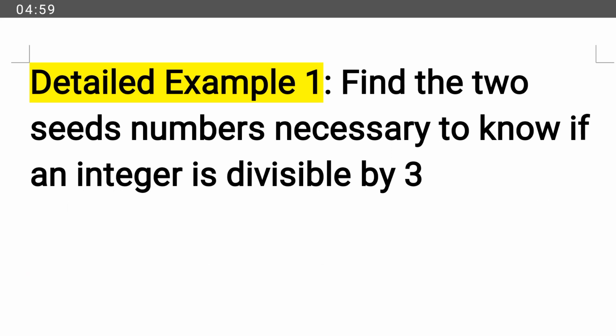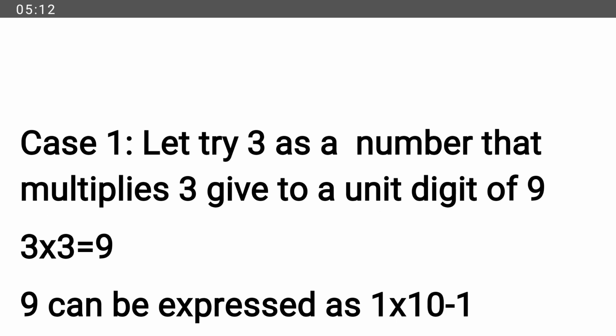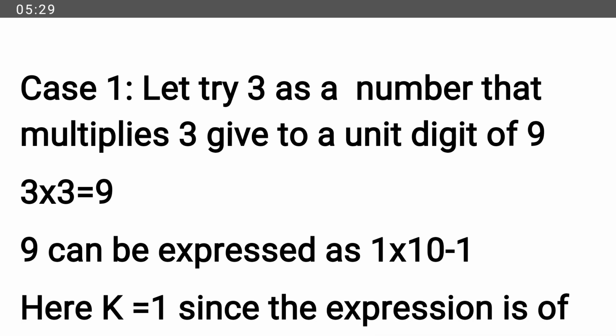Now let's look at a detailed example. Let's find the two seed numbers necessary to know if an integer is divisible by 3. Like we said, the first thing to do is to look for an odd prime number that will multiply the given number so that the product ends with a unit digit of either 9 or 1. Here 3 multiplied by 3 gives us 9.